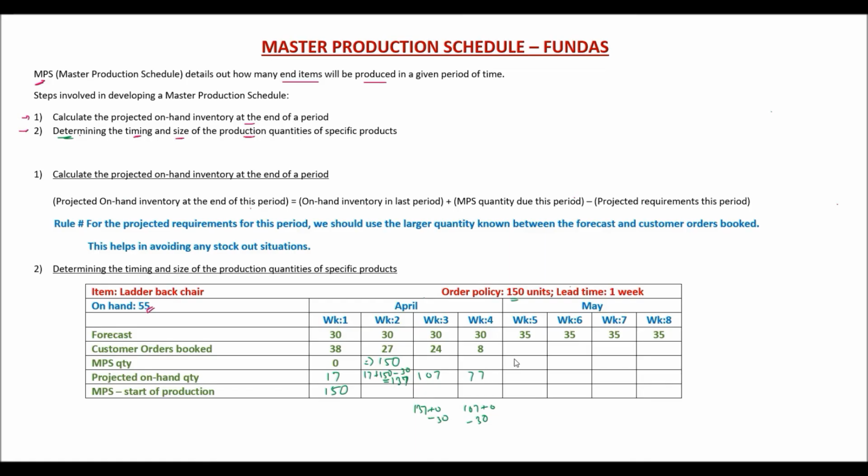Now let's see week 5. So here, the customer orders booked are not given because it's too far away for now. So what will happen is that the demand will be the forecast. So let's see, the projected on hand at the end of week 5 will be on hand inventory in last period, which is 77, plus 0, minus the projected requirements this period, which is 35.